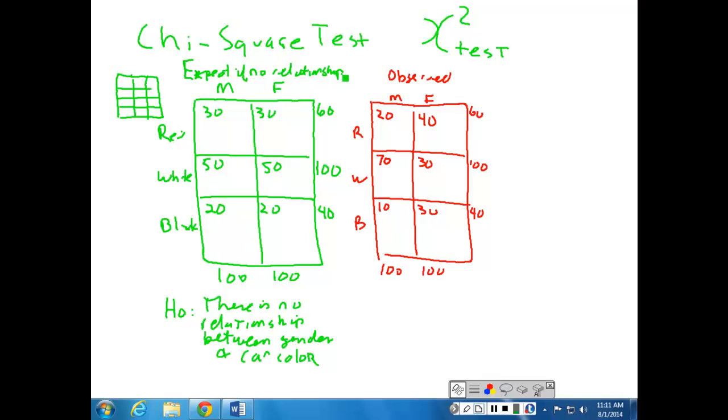It means they're far from what we'd expect if there's no relationship. So, of course, HA, let me go back to that. There is a relationship between gender and car color.